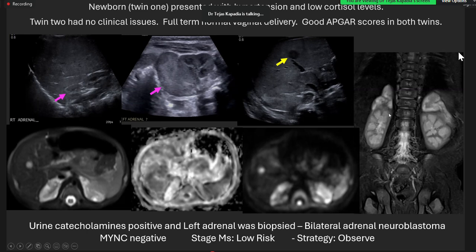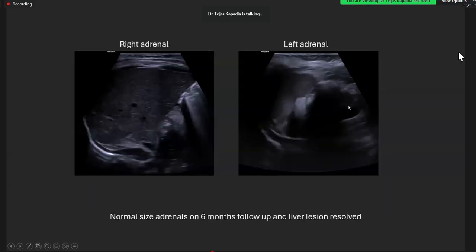And the biopsy showed that the MYCN status was negative, and they were low risk. They were stage MS because there was liver metastasis. Remember, stage MS is skin, liver, or bone marrow mets, which go into low risk. So they were just observed, and this is the 6 months follow up.